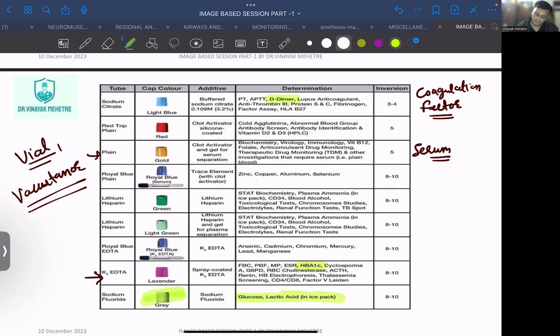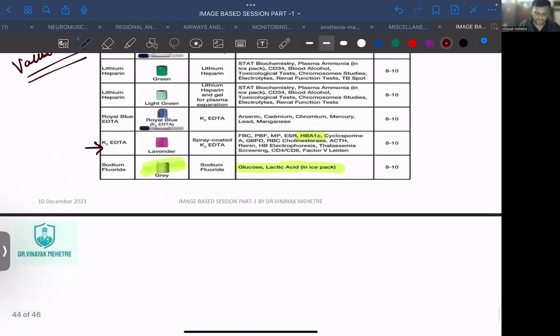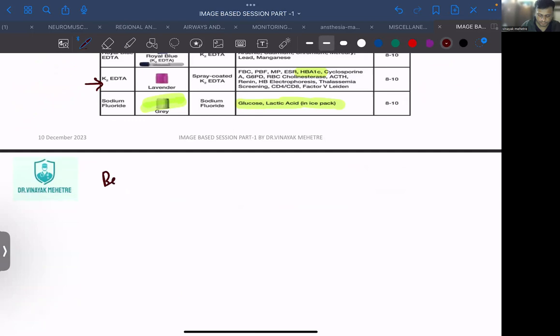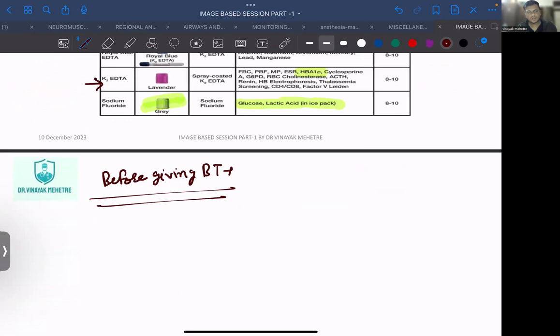Second question: before giving a blood transfusion, what should we check of the donor blood? Which viruses should we check before blood transfusion?